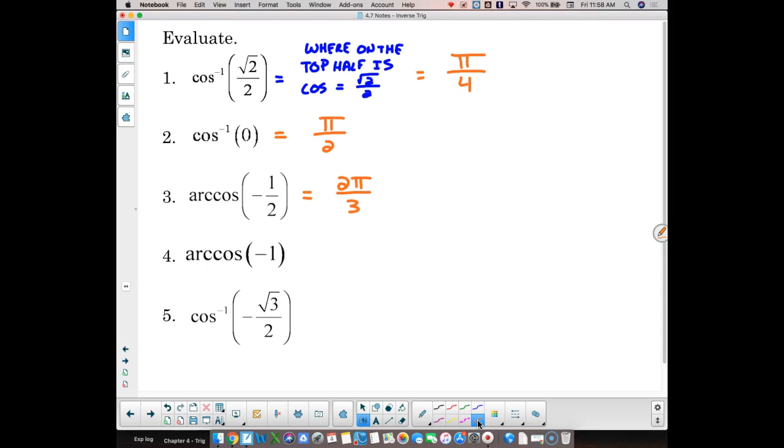Where is the cosine equal to negative 1? Pi. Do we agree with pi? I agree with pi. But sometimes pi doesn't agree with me. Cosine, top half, unit circle, negative root 3 over 2. What do you get? Agree with 5 pi over 6. I agree with that.